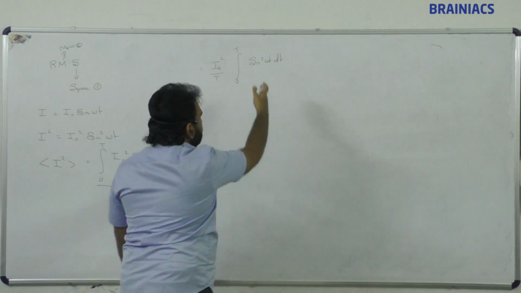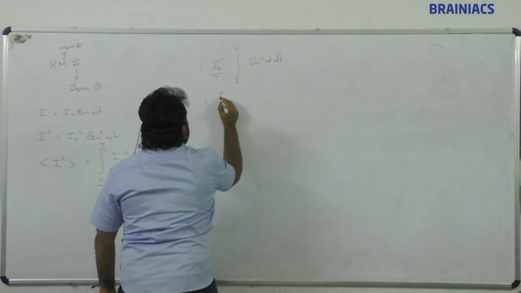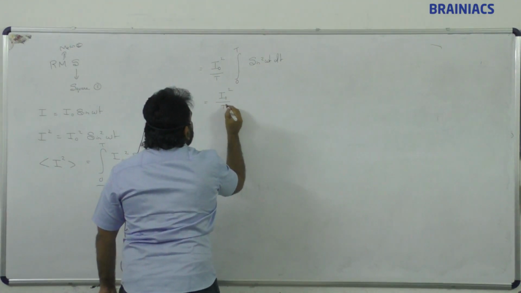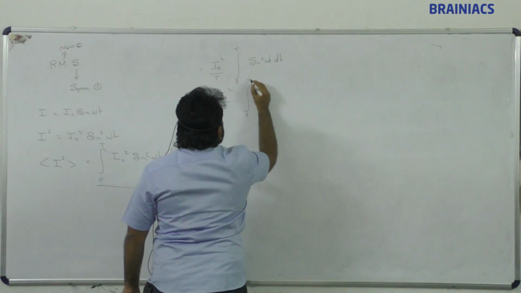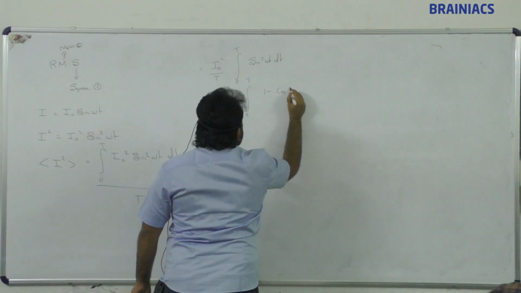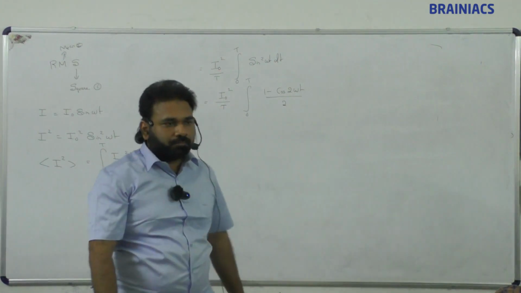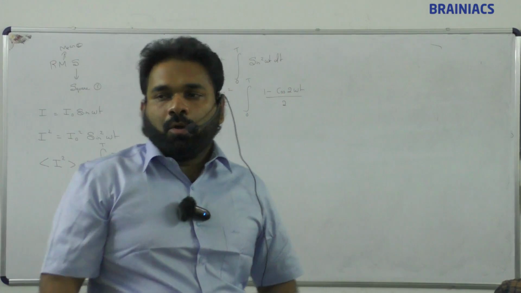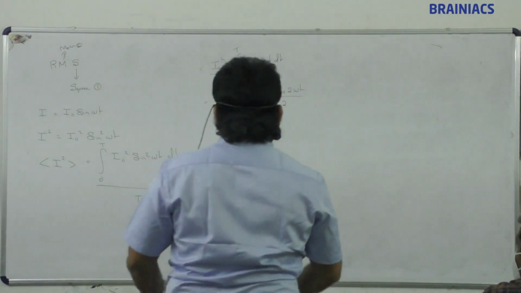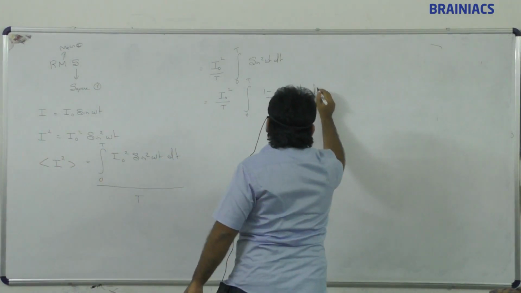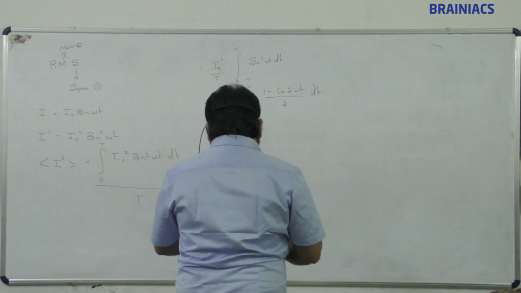Now to integrate sine square omega t, 0 to T, (1 minus cos 2 omega t) divided by 2, dt. Correct, no?